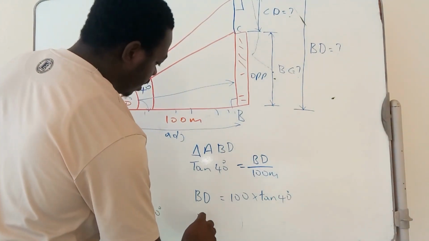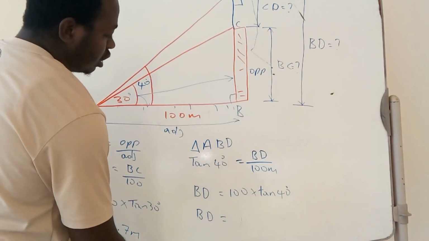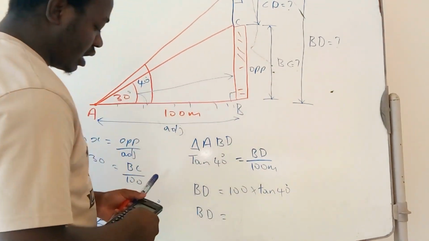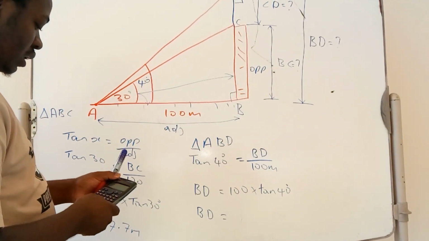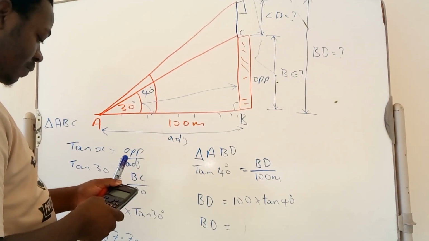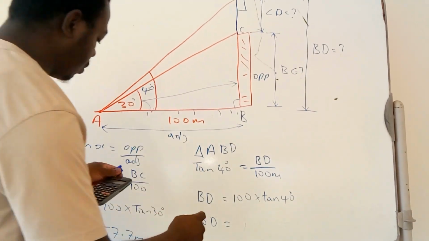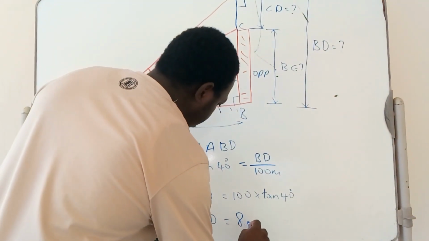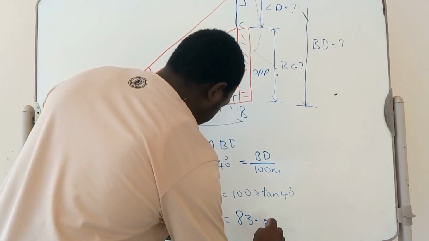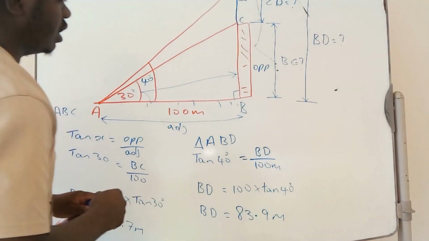So BD is equal to, and all you need to do is put this on your calculator. So that's just 100 times tangent of 40 degrees, and that is equal to approximately 83.9 meters, correct to 1 dp.